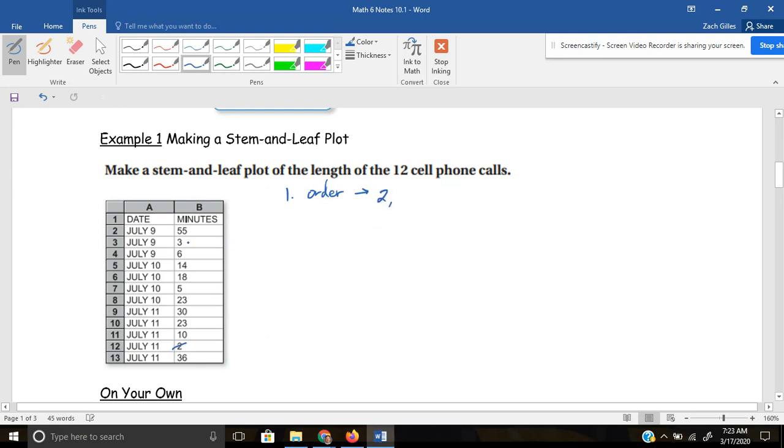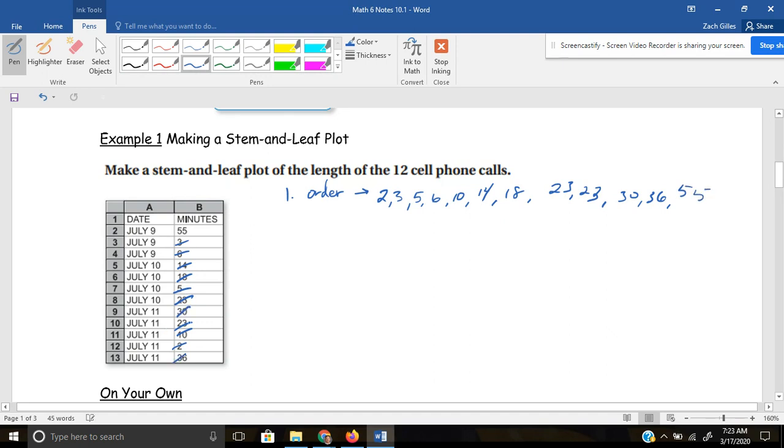So 2 is the smallest. 3, just take that approach. I got a 5 and a 6, 10 and 14, 18 and 23, and I have two 23s. 30 and a 36, and lastly 55.